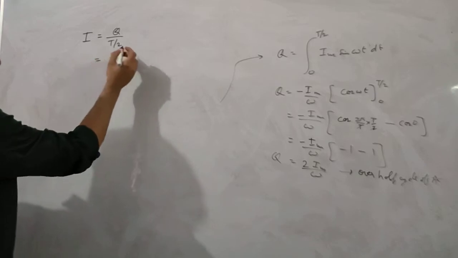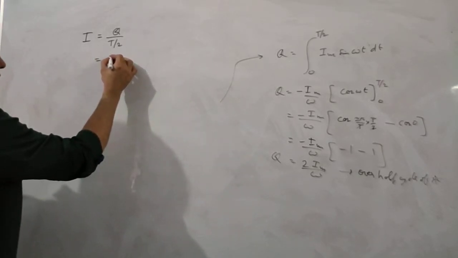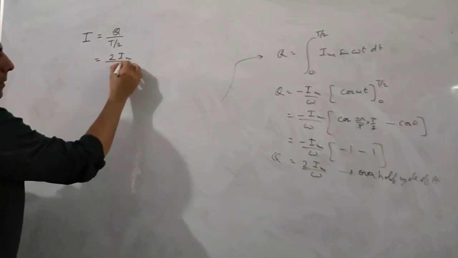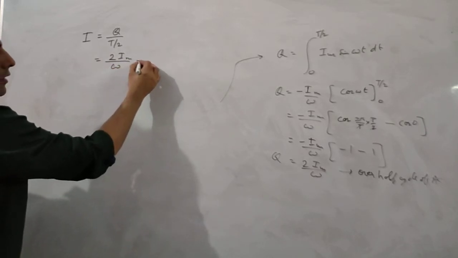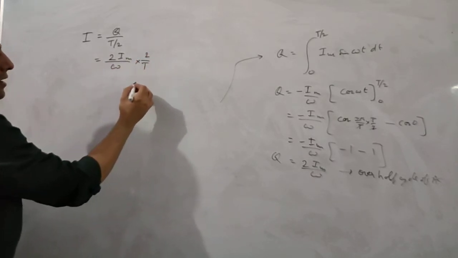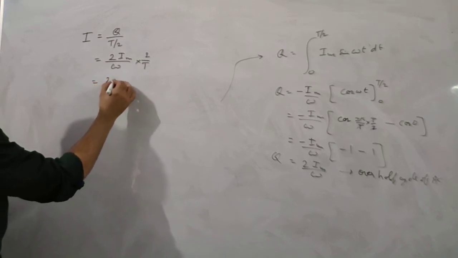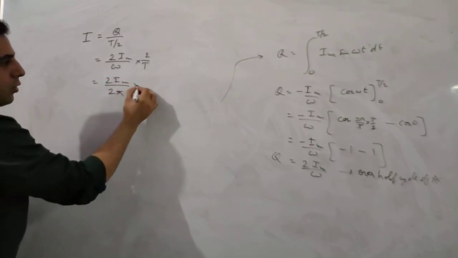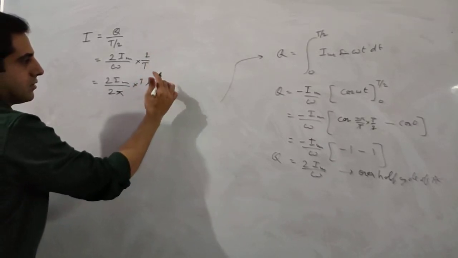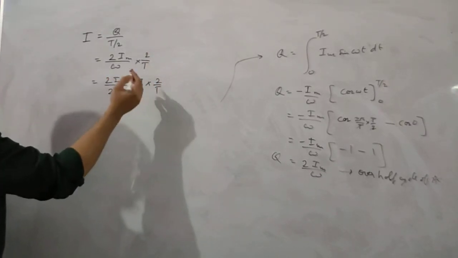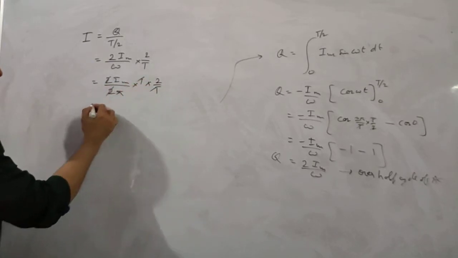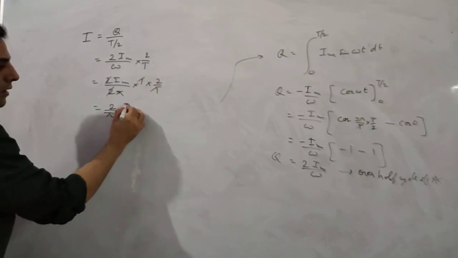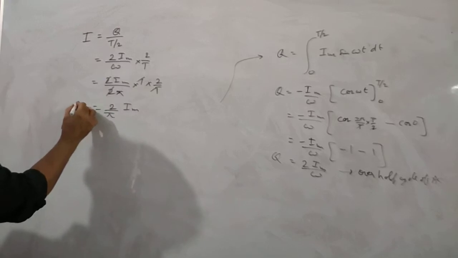Now if we substitute these values, then it will be 2 Im upon omega into 2 by T. This omega can be written as 2 pi by T, and T will go up as it is 2 pi by T. Now if we solve this, then we will get 2 by pi Im.